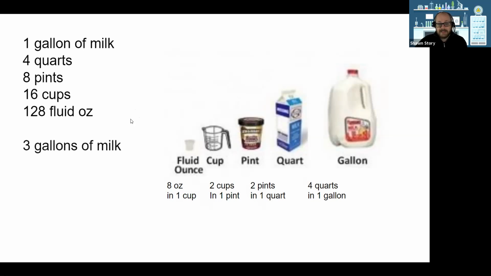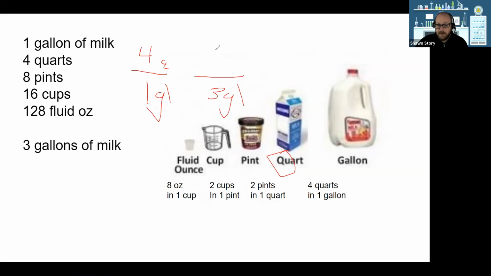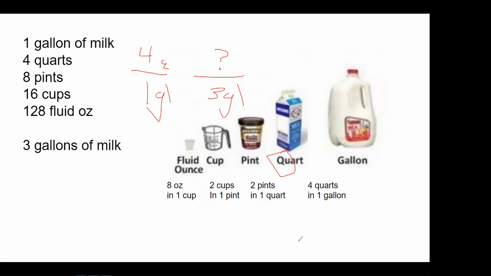All right. Let's practice again. We have 3 gallons of milk. How many quarts is 3 gallons of milk? I know 4 quarts equals 1 gallon, and we're trying to do 3 gallons. How many quarts is 3 gallons? 12.